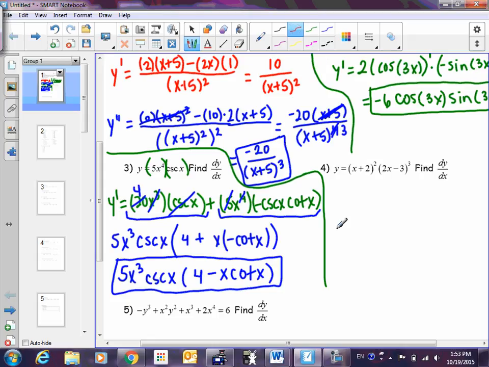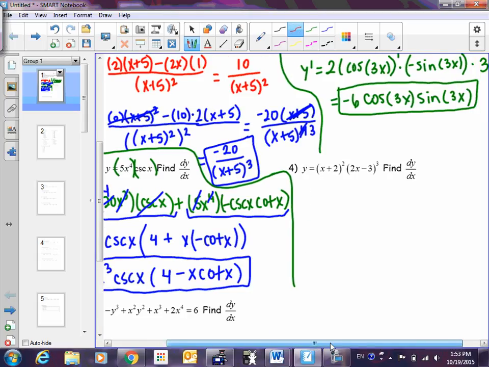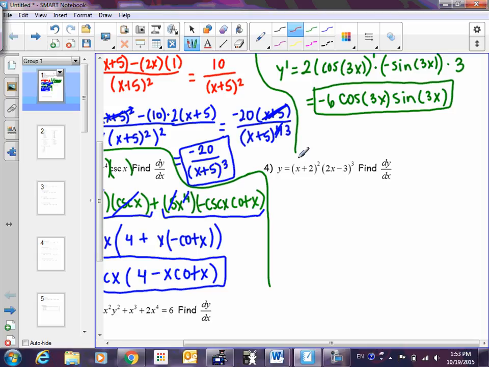Okay, so let's look at number 4. It's actually pretty similar to 3. There's no trig in it, but I have 2 things being multiplied. Now, because of the parentheses and power, I'm going to actually circle. So I'm multiplying here. So this still is product rule. So derivative of the first would be 2x plus 2.